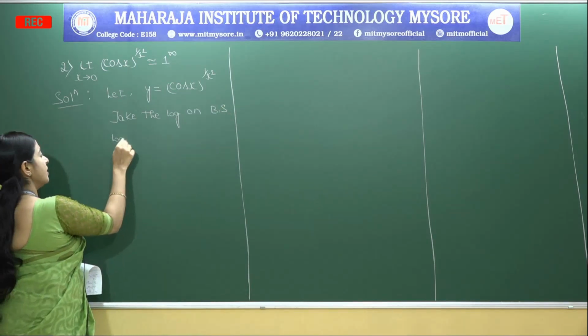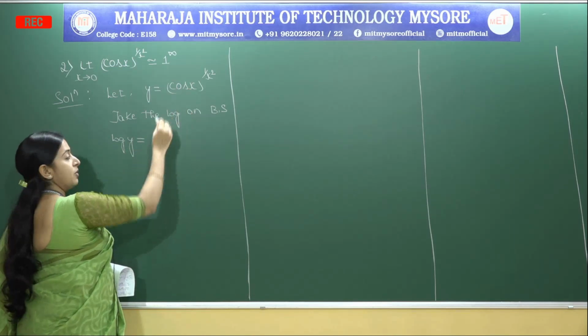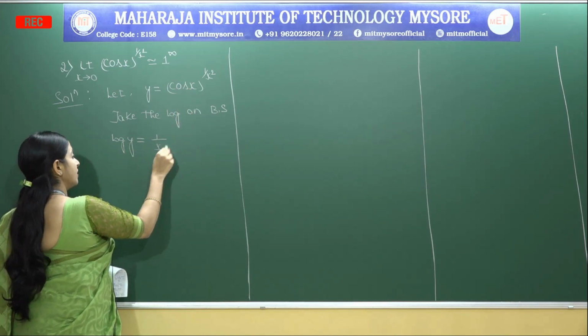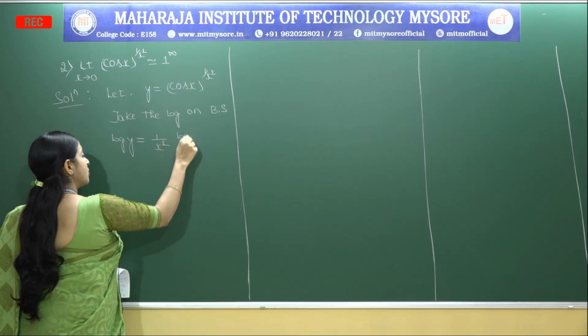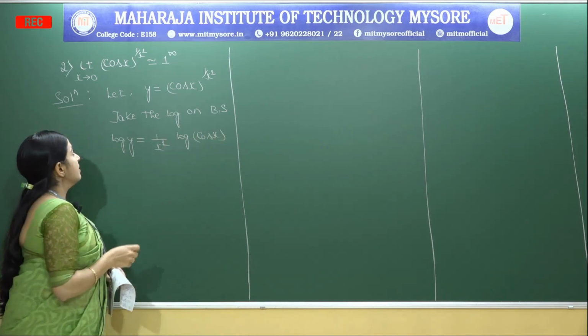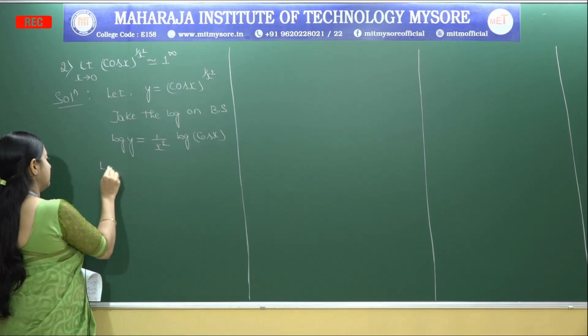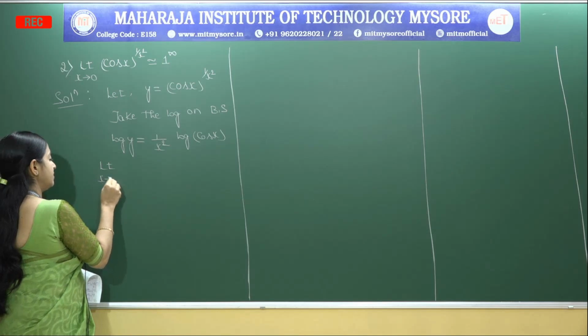So log y equals, apply the property log a power m is m log a, so 1 by x square log cos x. Apply the limit as x tends to 0.